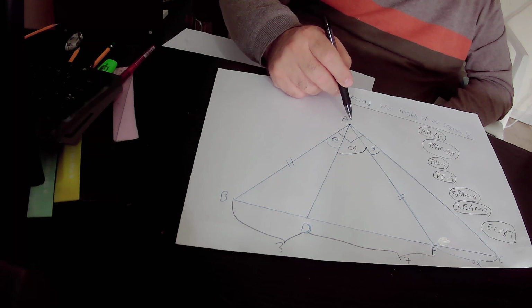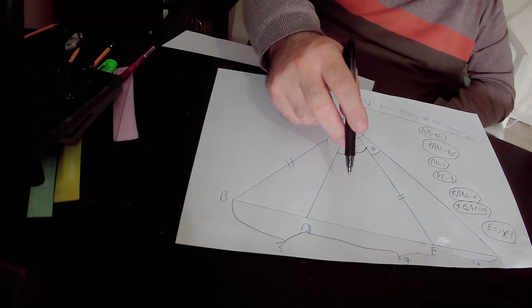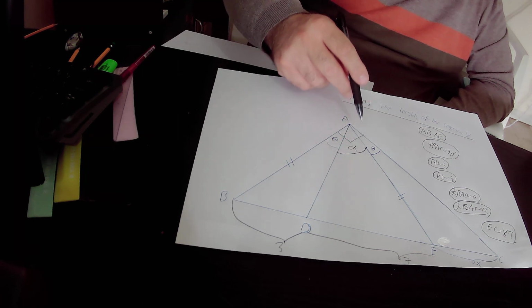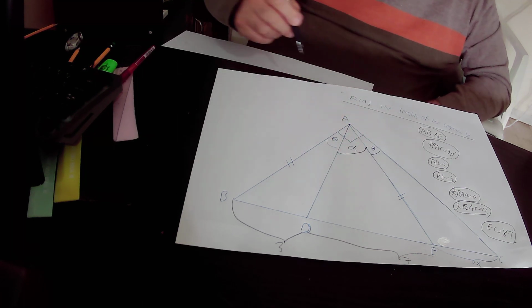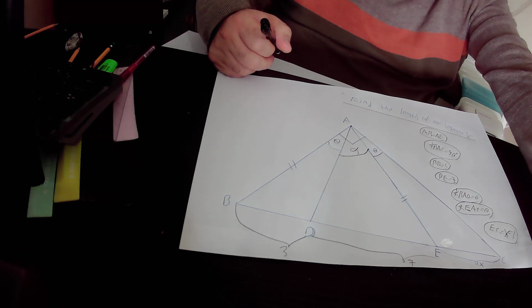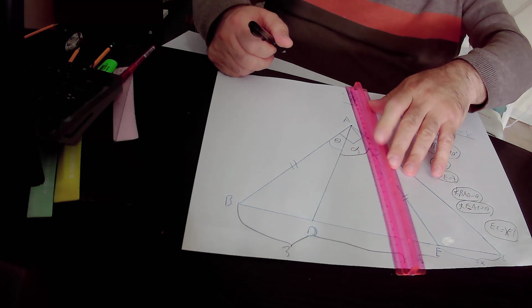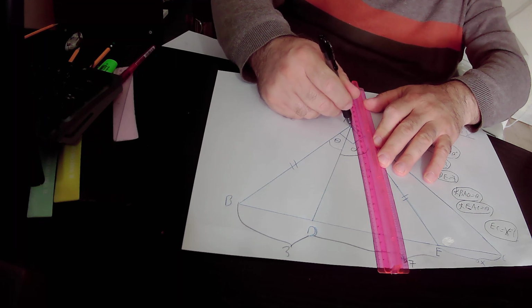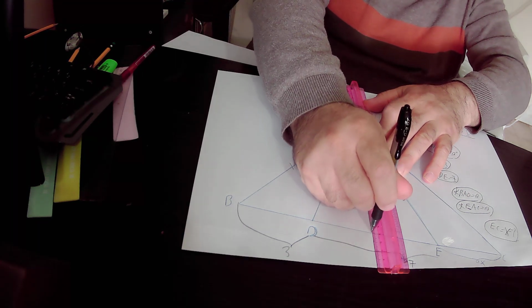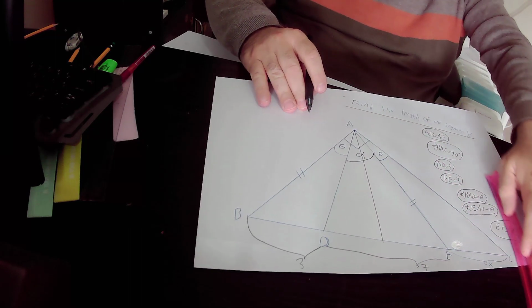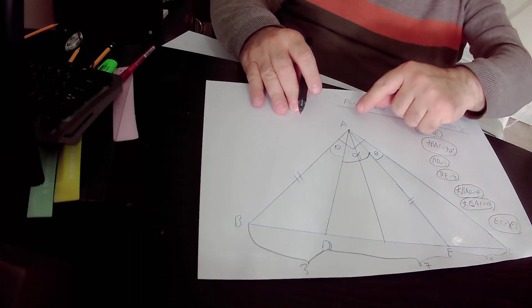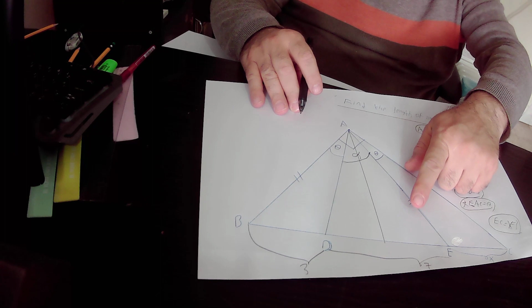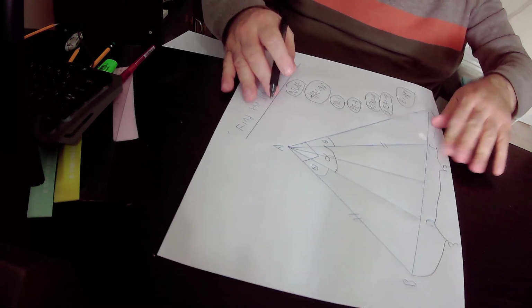So from point A, we go perpendicular to BD, that's actually perpendicular to BC. We define the touching point between the perpendicular from point A to BC as point M.